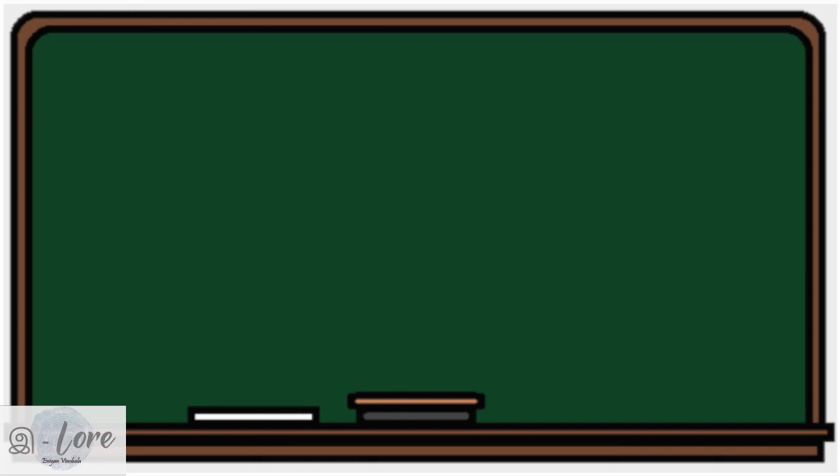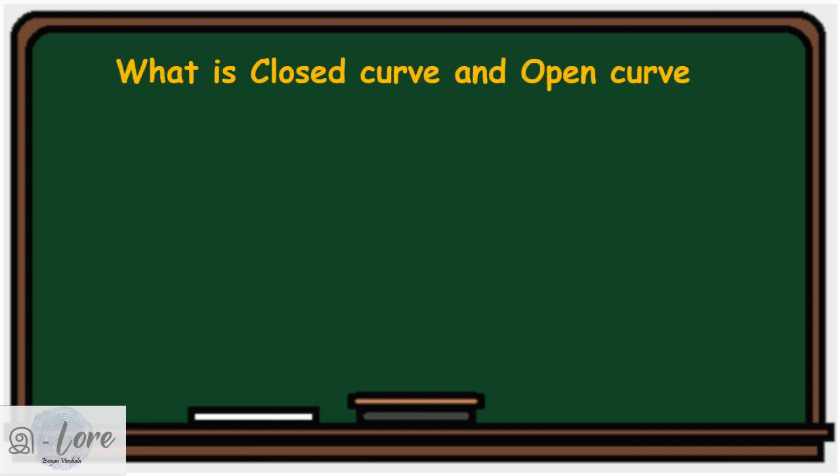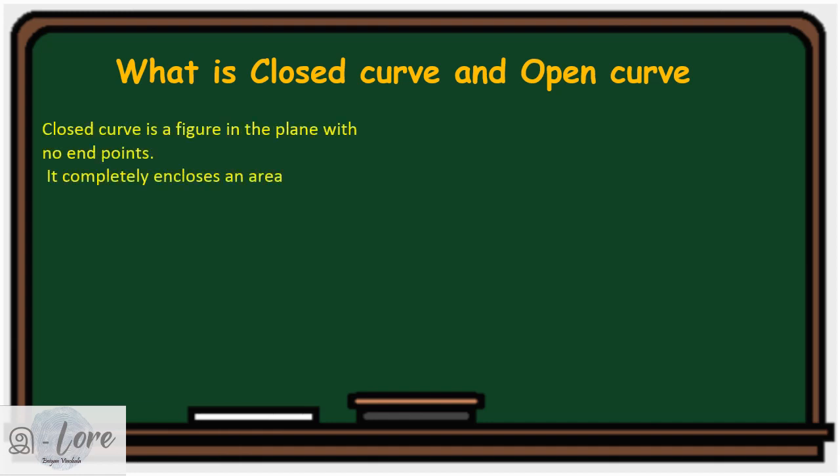We are going to discuss them one after another. What is a closed curve and an open curve? Many of you are confused about closed and open curves. A closed curve is a figure in a plane with no endpoints. It completely encloses an area.